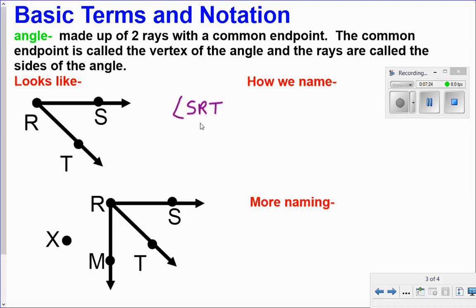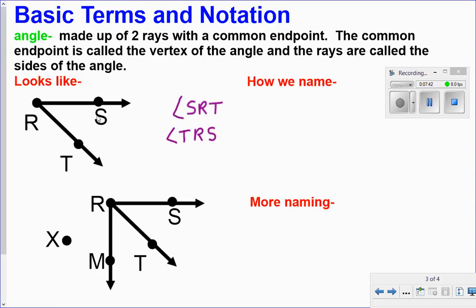And again, notice the middle letter has to be the vertex of the angle. Another way I could name this same angle is angle TRS.